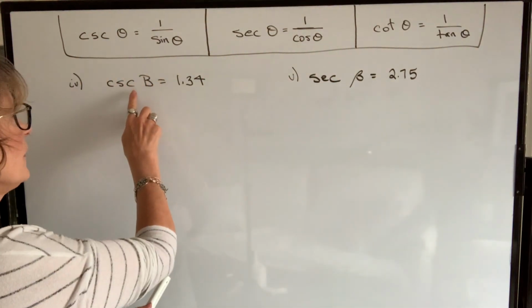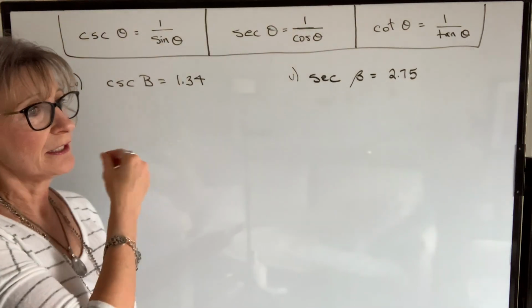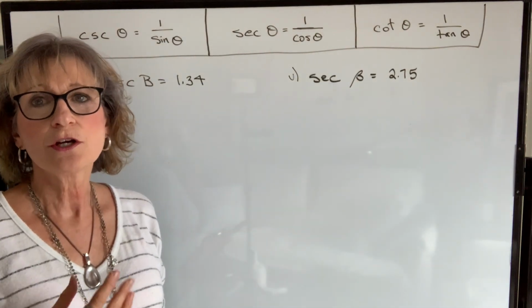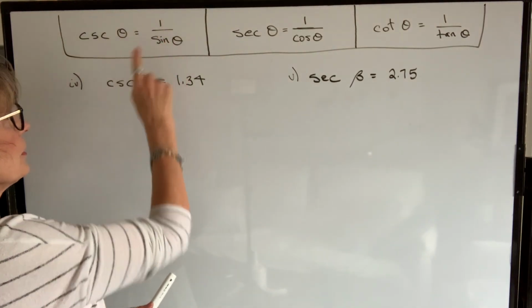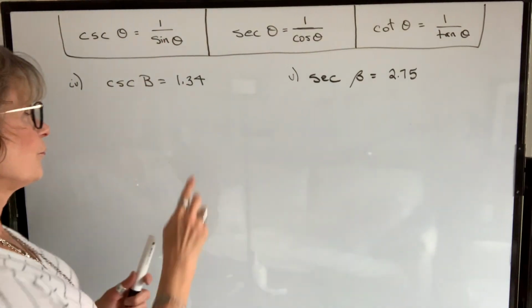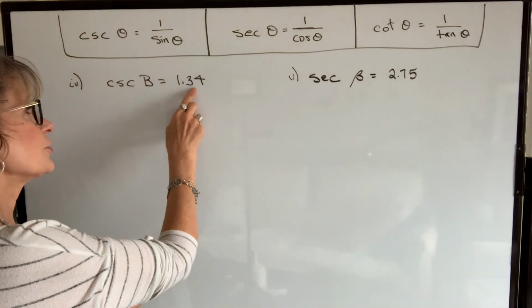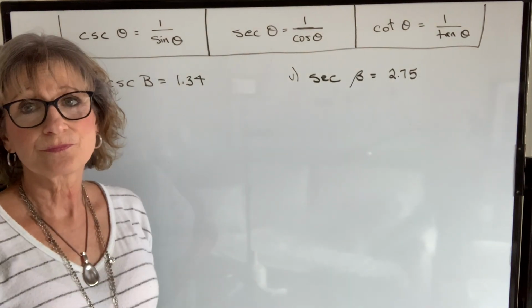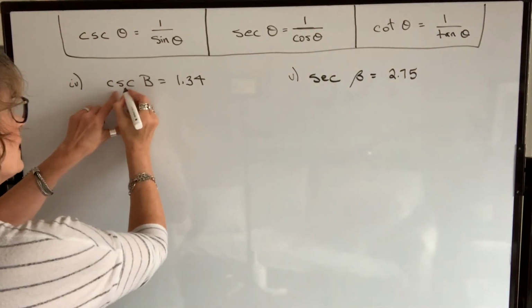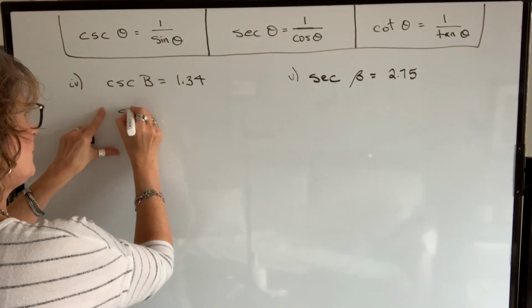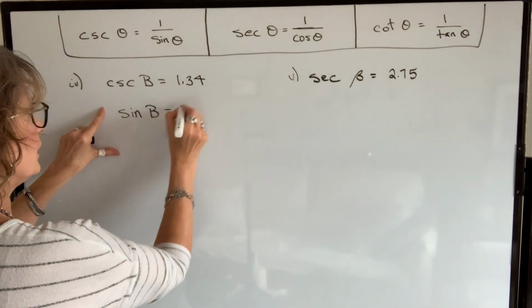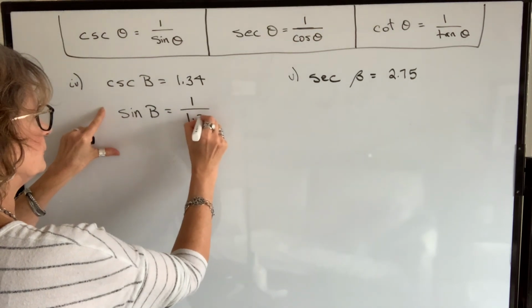So we don't have a cosecant function or inverse cosecant function on our calculator, so I'm going to think in terms of sine. Cosecant is the reciprocal of the sine function. Therefore, the reciprocal of this ratio will equal the sine function. So if cosecant of an angle is equal to that, the sine of that same angle will equal the reciprocal of this.